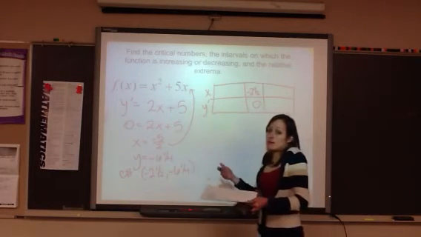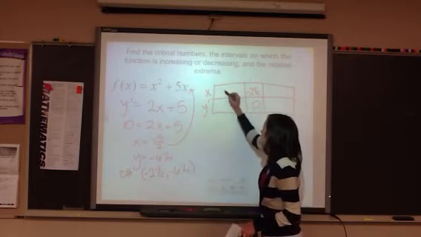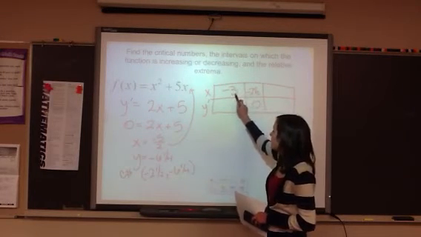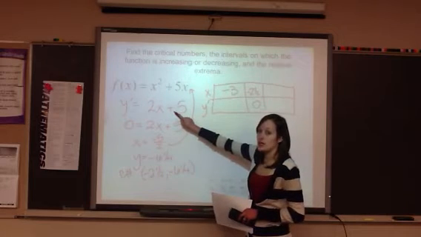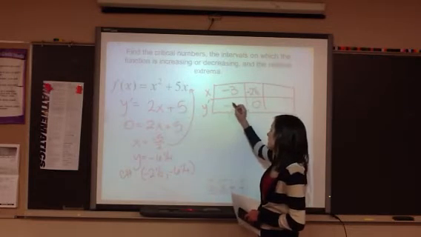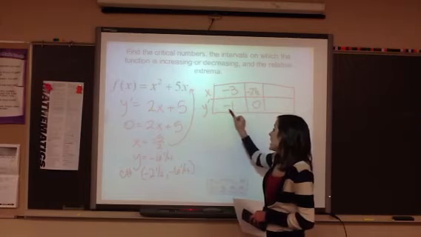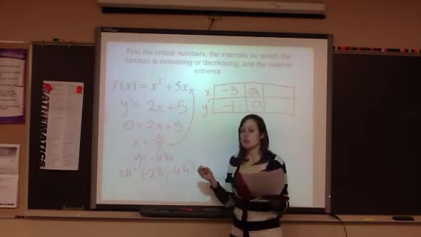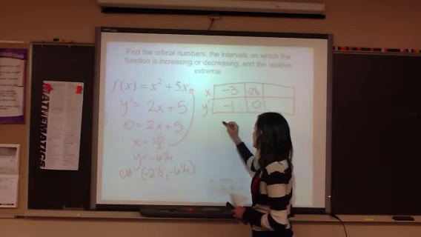So a number that comes before -2 and a half is -3. And so what I'm going to do is plug -3 into my derivative. When you do, you get -1. That tells me that the slope is negative there. If my slope is negative, my graph is decreasing.